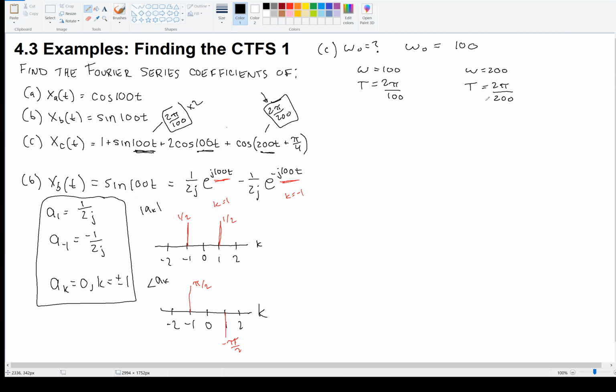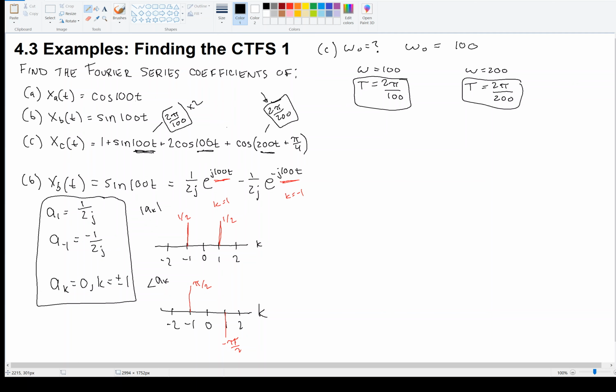So this goes through 2 cycles every time this one repeats. So we have to wait this long for the slower ones to repeat, and when the slower ones repeat, the faster one has gone twice, but it's ready to repeat also.